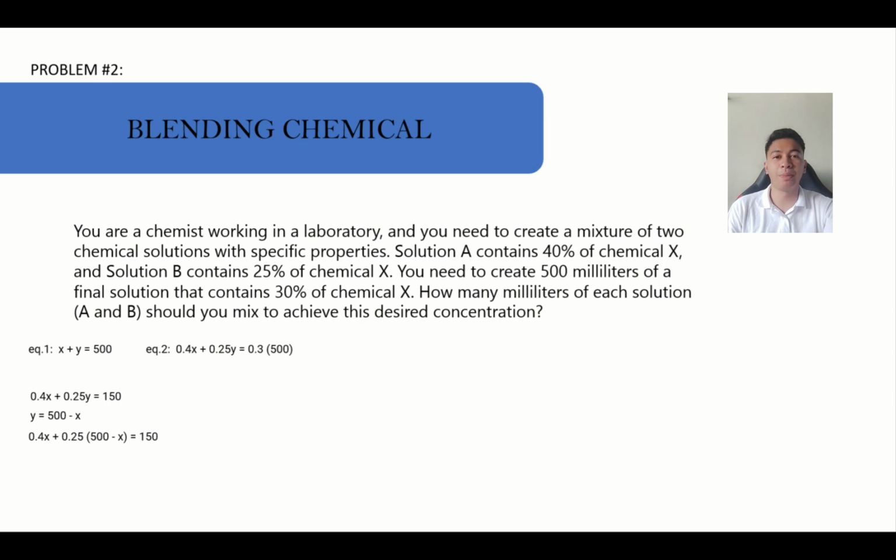Distribute 0.25 into the terms within the parentheses. 0.4X plus 0.25 times 500 minus 0.25X equals 150. Multiply 0.25 to 500. So we have 0.4X plus 125 minus 0.25X equals 150. Combine like terms.